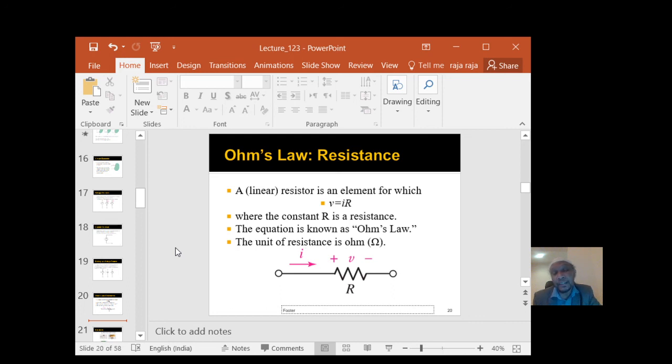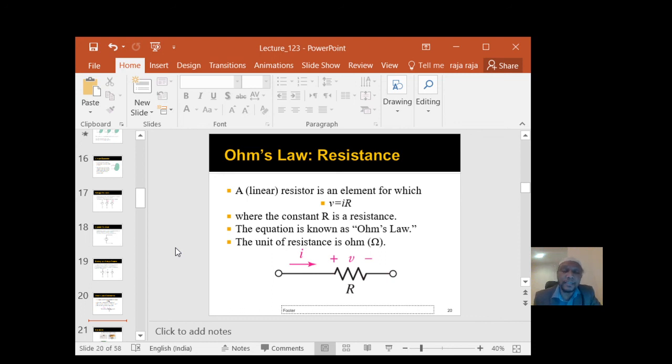I read in some local books that Ohm's law states that voltage is proportional to the current when the resistance is constant. But the more accurate statement is that voltage is proportional to the current when resistance and also temperature are constant.